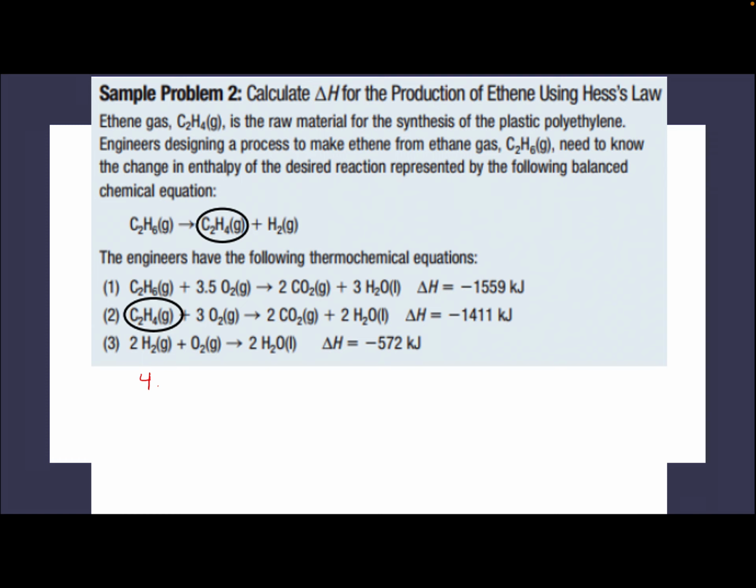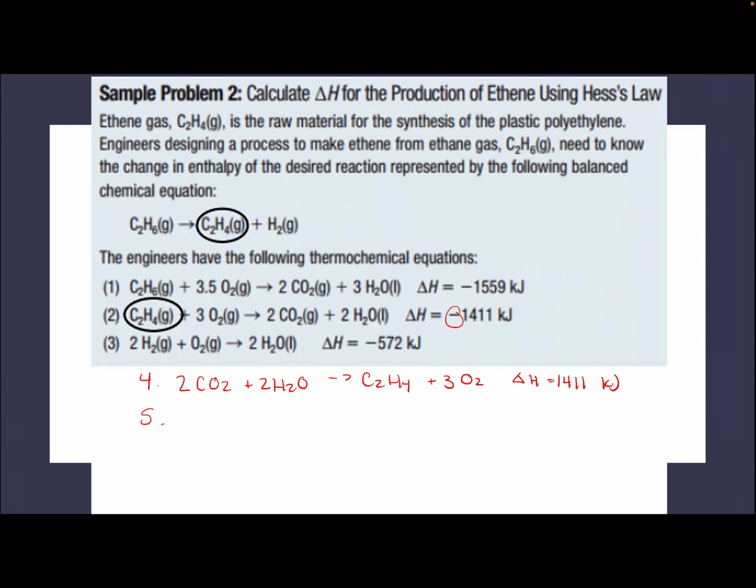Okay? So we're going to reverse number 2 right now. So we're going to be left with 2 CO2 plus 2 H2O, and that is going to create C2H4 plus 3 O2. And then that's going to be a change in enthalpy of 1411 kilojoules. Because it was negative, we reversed it. Also for number 3, we're also going to reverse this one. For this one here, we're just going to change some things around.